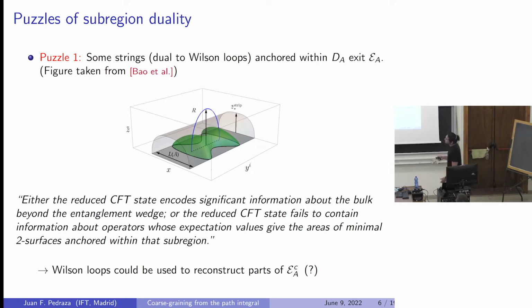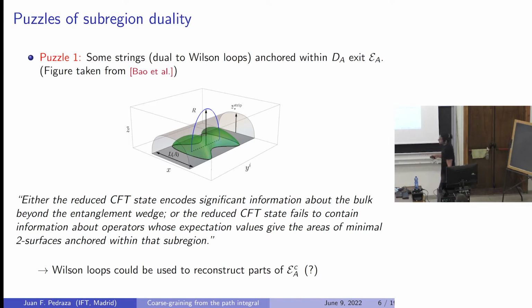The second possibility is rather surprising, because after so many years we have had many precision tests that the recipe for Wilson loops is true. So they went on to suggest that maybe the first is true, and maybe we can use these Wilson loops to probe this part beyond the entanglement wedge.